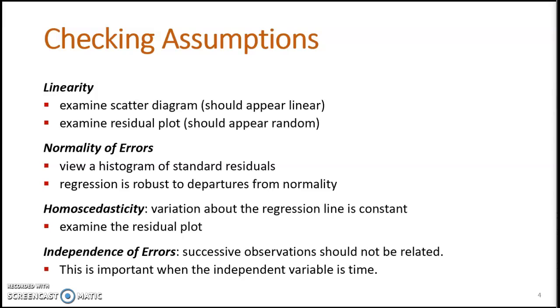Checking for assumptions. Statistical hypothesis tests associated with regression analysis are predicated on some key assumptions about the data. First assumption is on the linearity. This is usually checked by examining a scatter diagram of the data or by examining the residual plot.